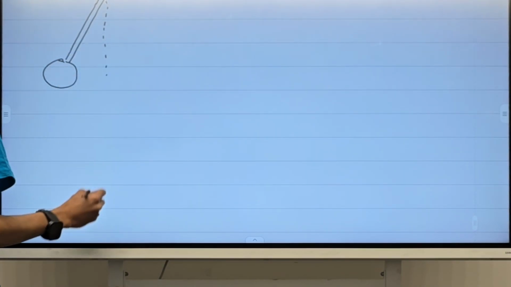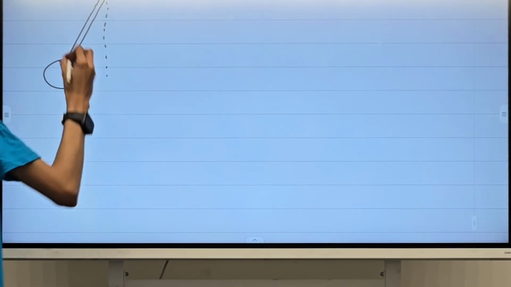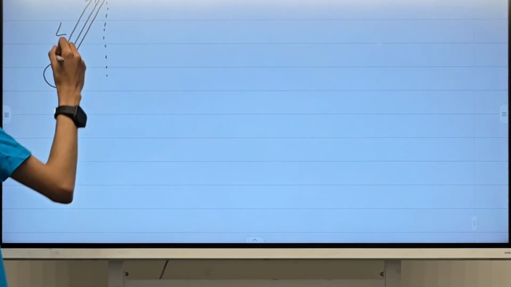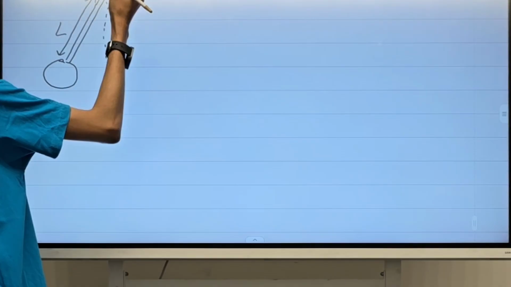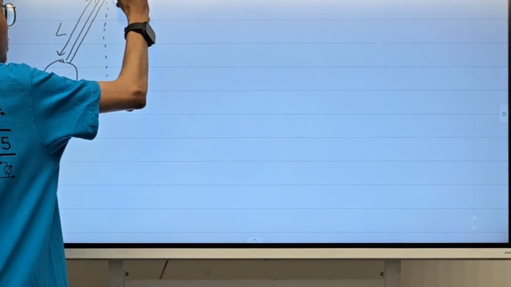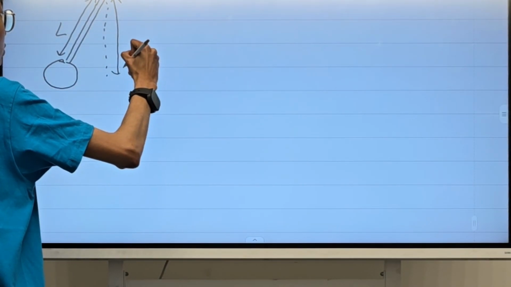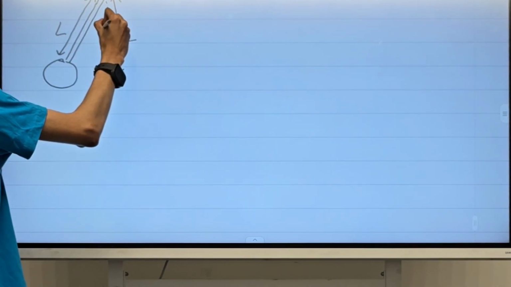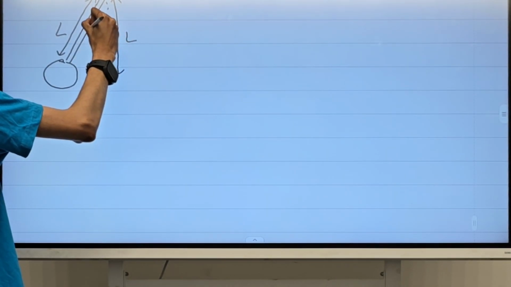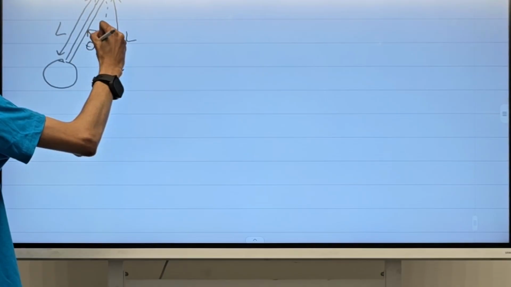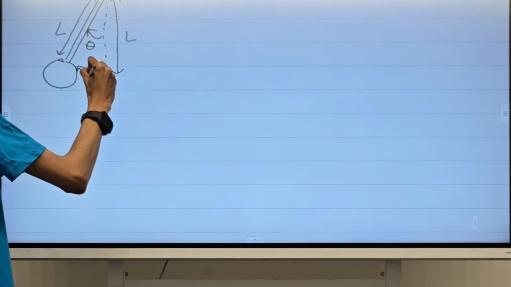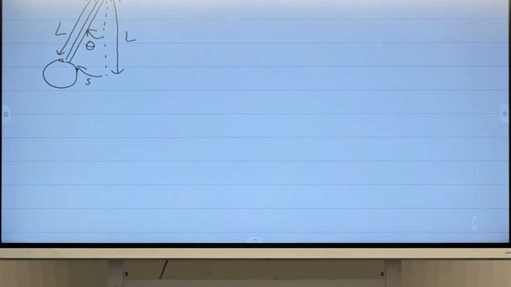It's going to be our pendulum. This is basically L. That is L. Similar to how this is also L, because before it swung, it was here, and then it swings up to here by an amount of theta, let's suppose, by a distance of s. Right. We'll get to that later.